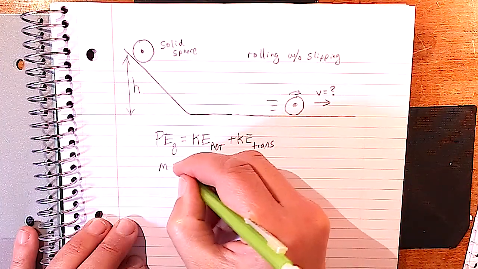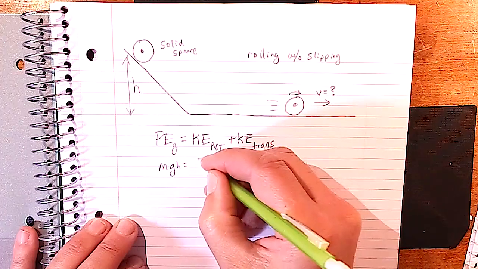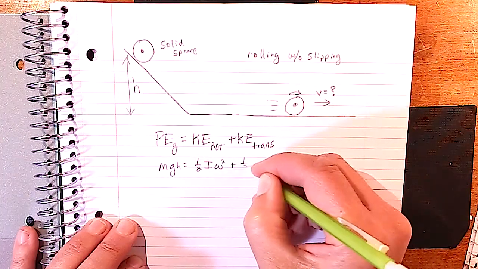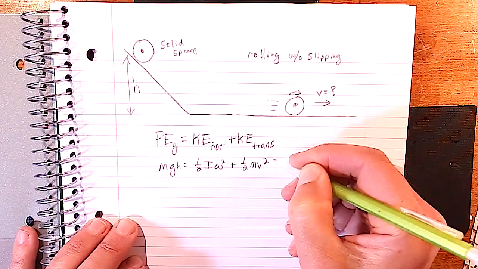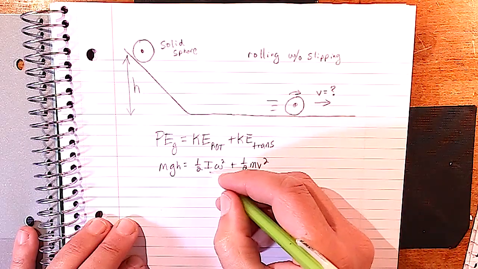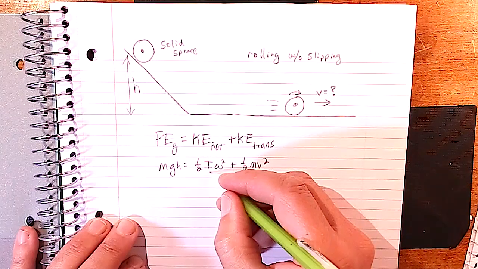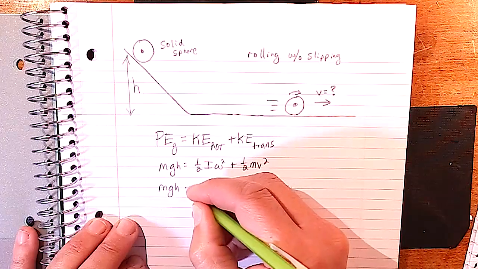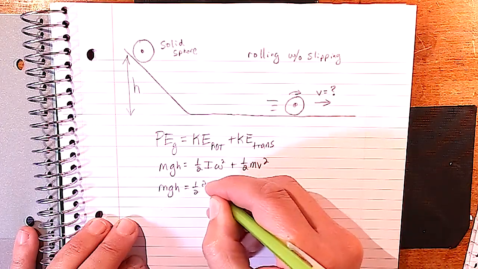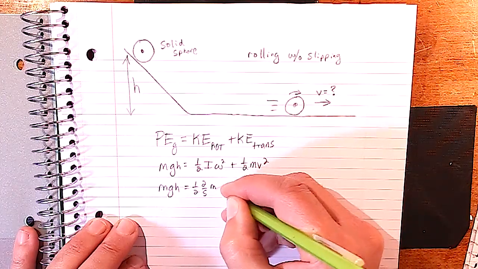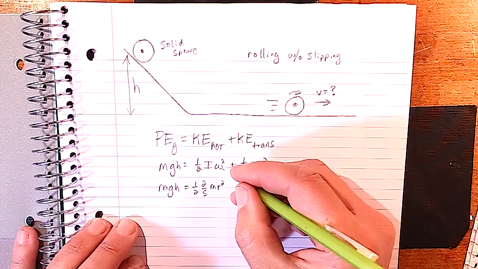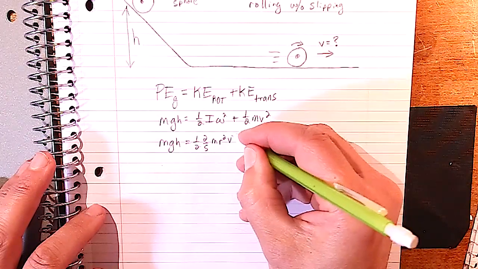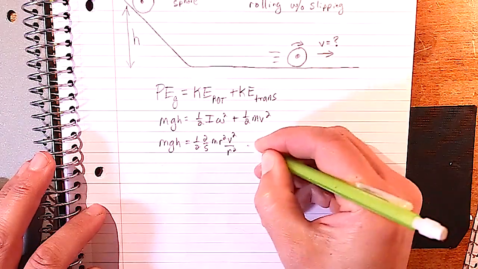So we have mgh is equal to 1/2 I omega squared plus 1/2 mv squared. And then for I, if you remember, I for a solid sphere is 2/5. So that's mgh equals 1/2 times 2/5 mr squared. And then we know from before, I'm not going to redo this step because we've done it twice now, that's just v squared over r squared.